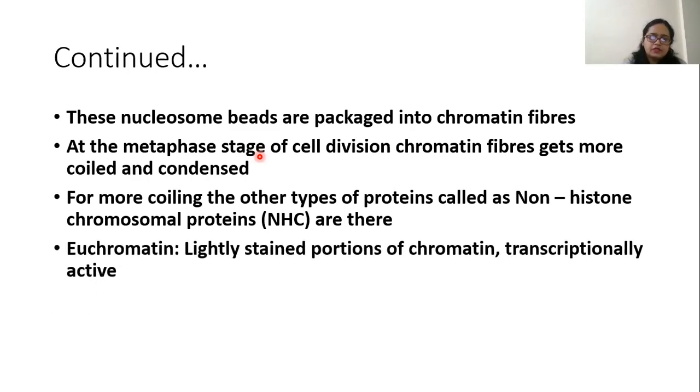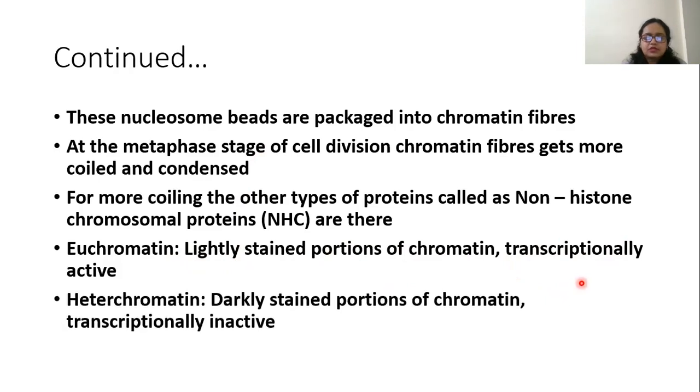When they are stained with some staining reagent such as fusion reagent, there are two differentiated portions. What are those? Euchromatin and heterochromatin. Euchromatin will stain lightly in color, and it is also called transcriptionally active, while heterochromatin will appear as a darkly stained portion of the chromatin and it is transcriptionally inactive.